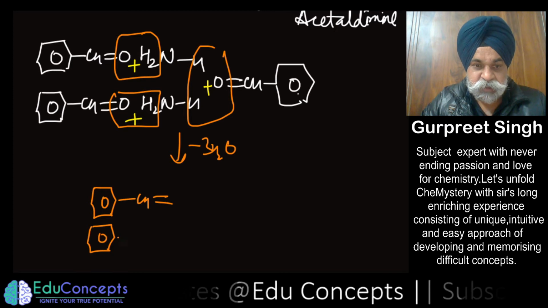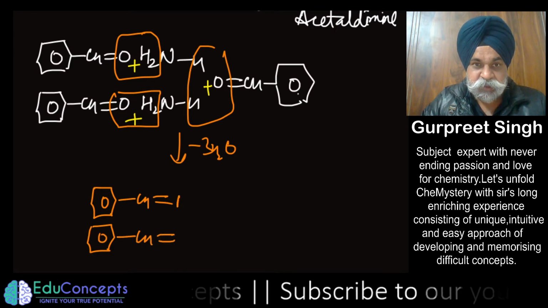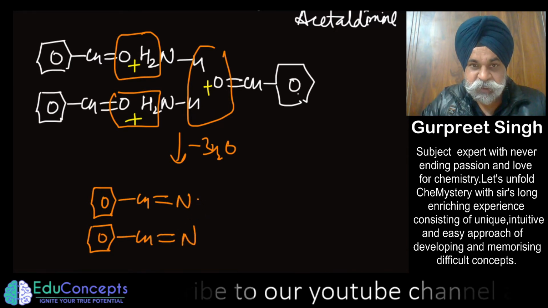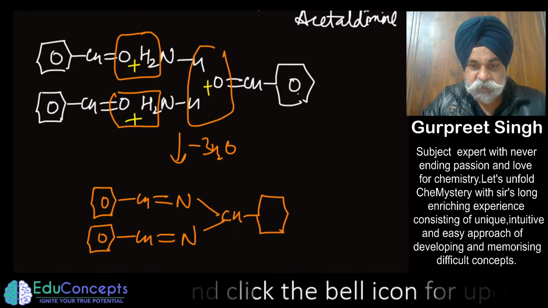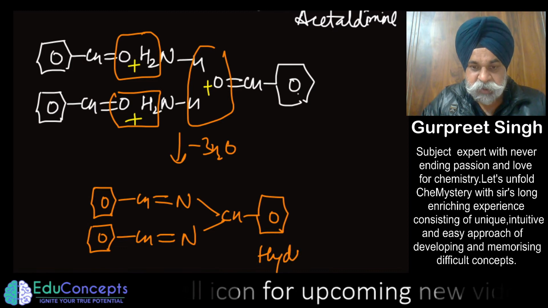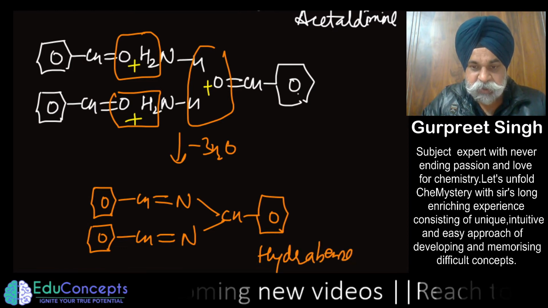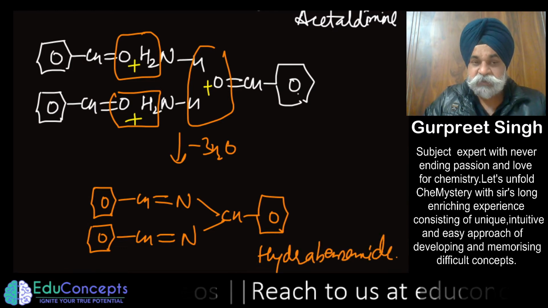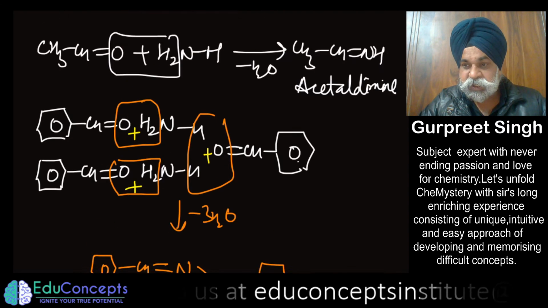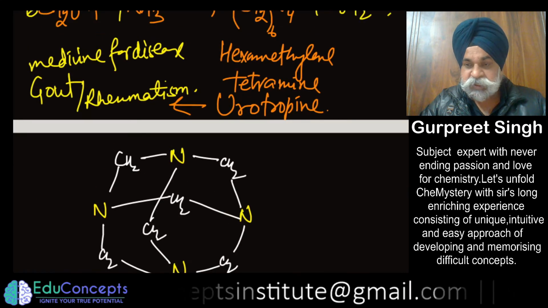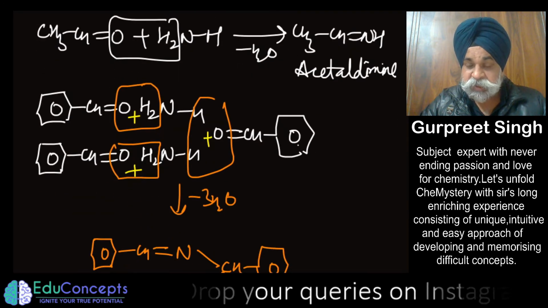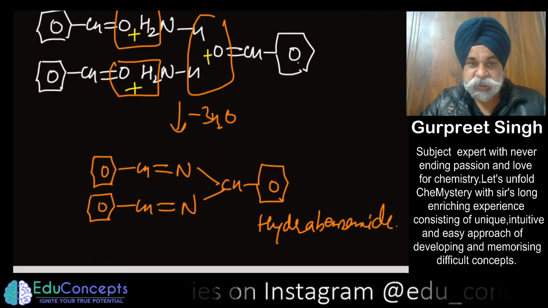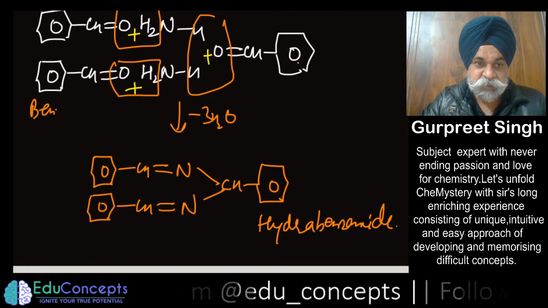This particular compound of benzaldehyde with ammonia is called hydrobenzamide. So formaldehyde gave urotropine, acetaldehyde gave its own product, and benzaldehyde gave hydrobenzamide.